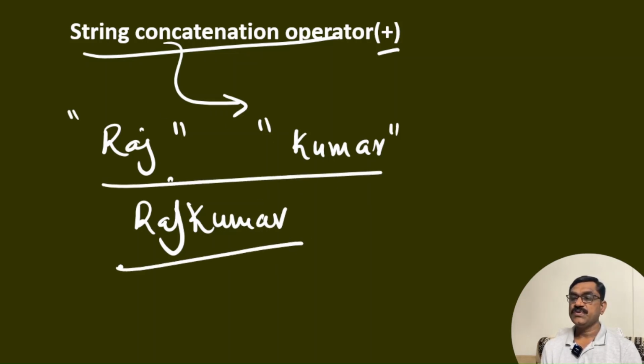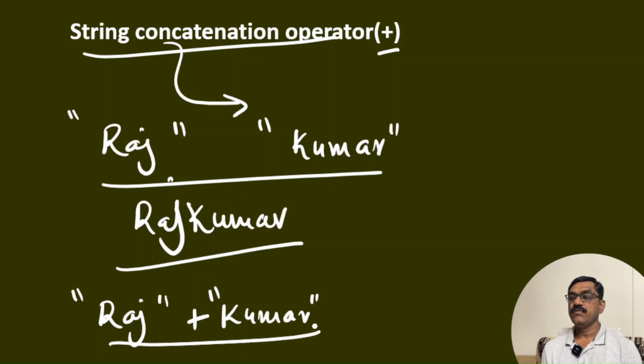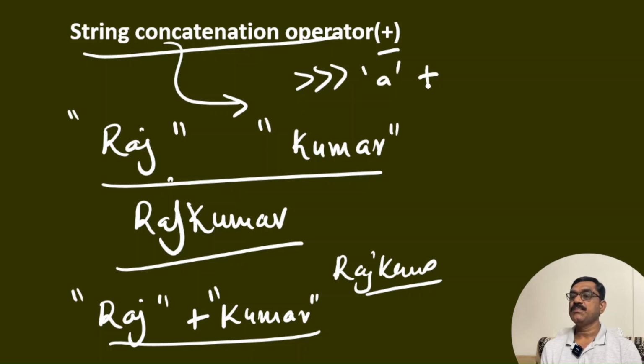Now, how to perform this operation? For this, first you write the first string Raj plus you write the second string Kumar in double quotes, so that we will get the string Raj Kumar. This is about string concatenation. For example, this is the prompt we are going to get in the Python. At this place, if I say in single quotes A plus, in single quotes B, plus in single quotes C, then we will get ABC like this.